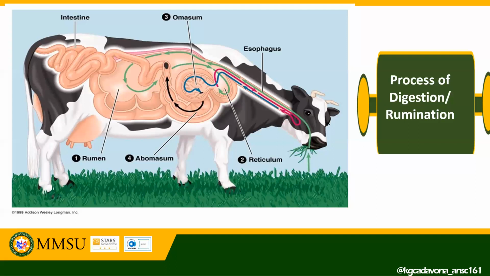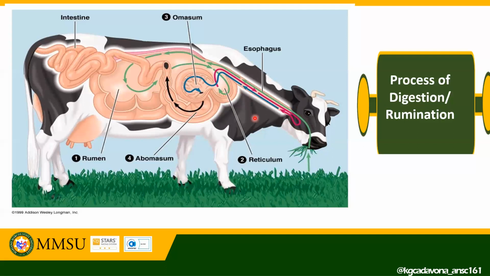Okay? So after the mouth, after na nagkaroon na ng bolus formation, that will now be the time that it will pass through the pharynx and then the esophagus, which is a muscular tube inside the body of the animal.